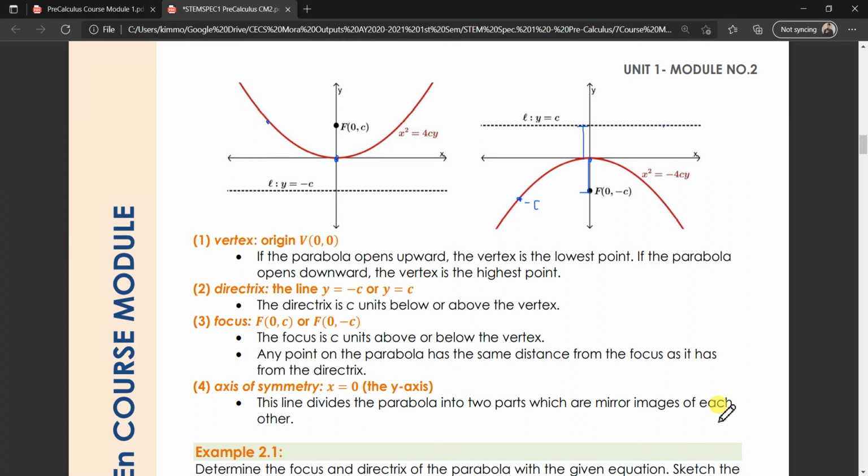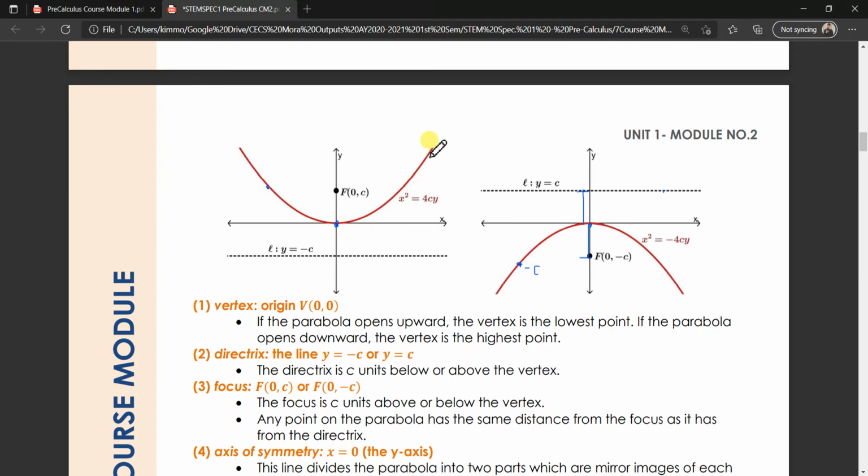So unsa ni mo pag-determine sa axis of symmetry? So symmetry meaning naka-mirror sila, or ang one side is just similar to the other side. So remember, this is our parabola. So unsa man natong axis of symmetry, where we can say that this side is just a copy of the other side.